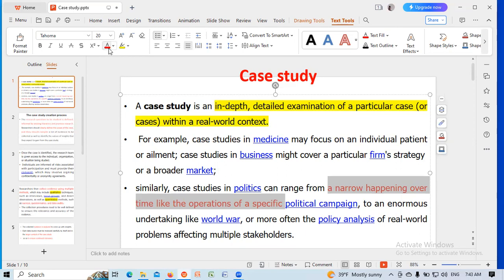So, a case study is an in-depth, detailed examination of a particular case.